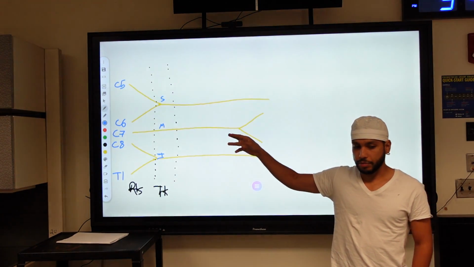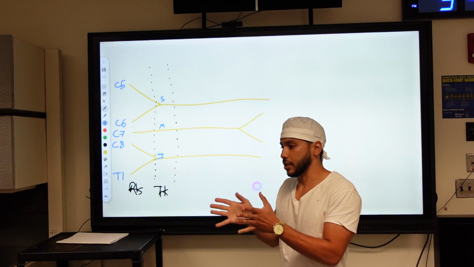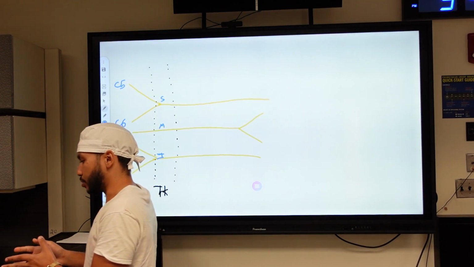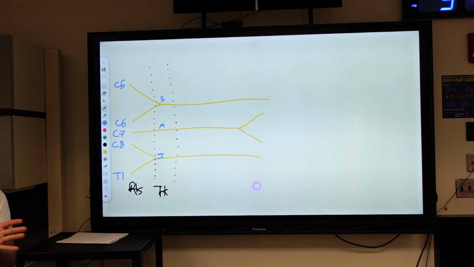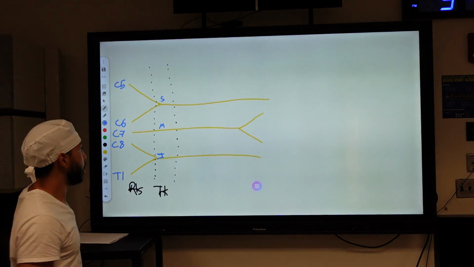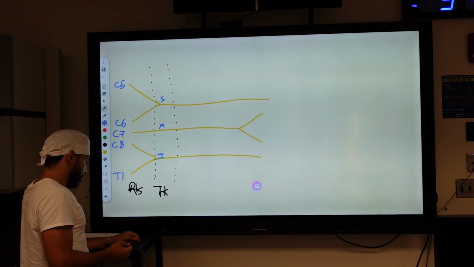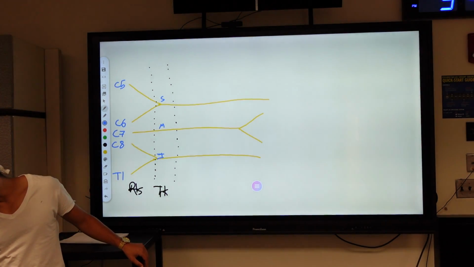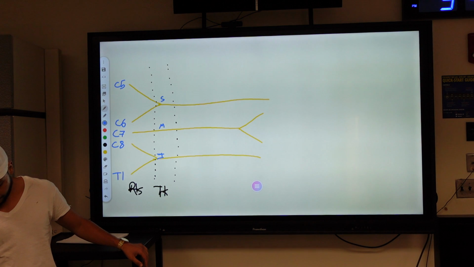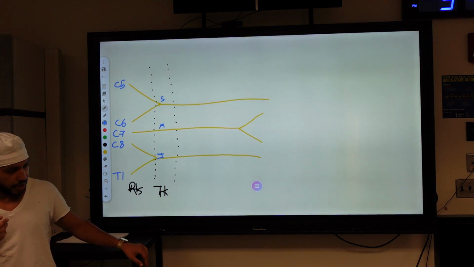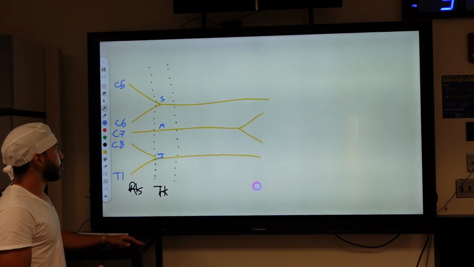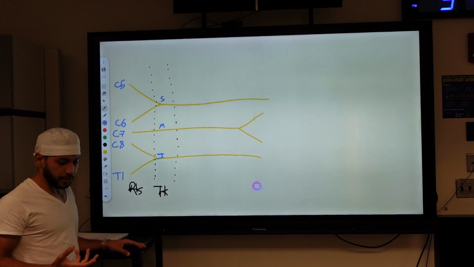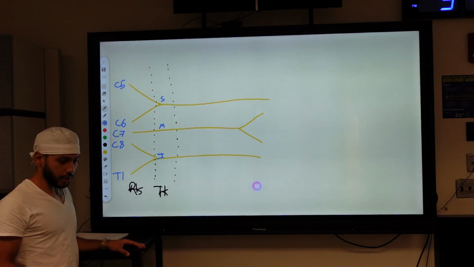Now this is the point of the brachial plexus where it starts to get three-dimensional, where it starts to split into anterior and posterior directions. The divisions can be a little confusing for some people. I know for me it was the first time I saw it, but simply put, each trunk is going to split up into an anterior division and a posterior division.